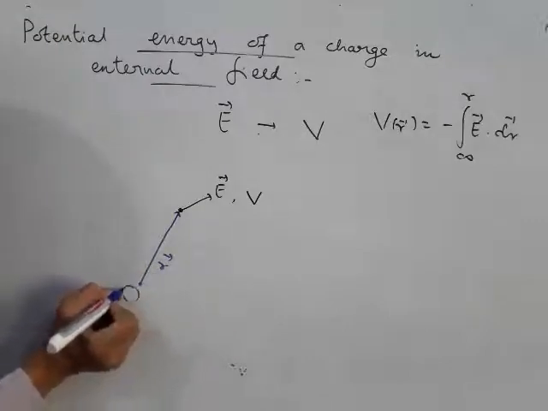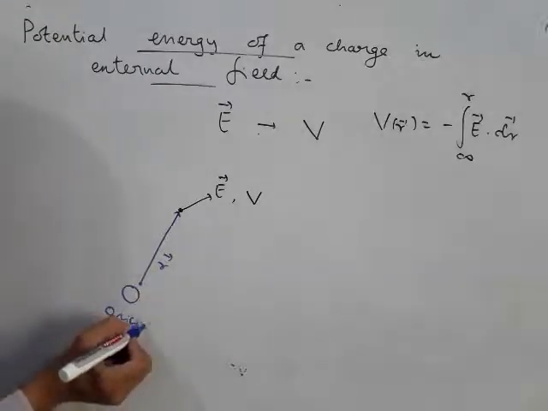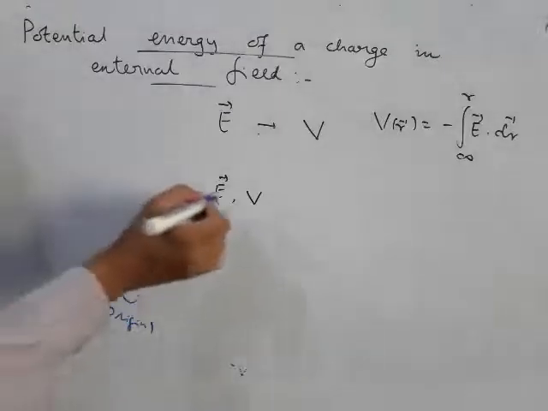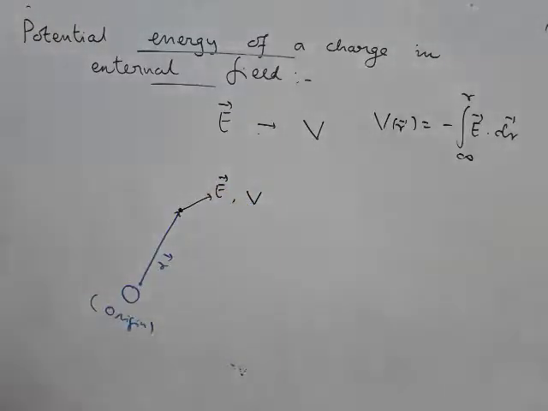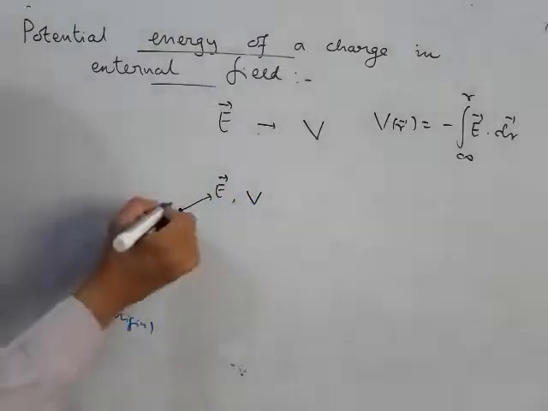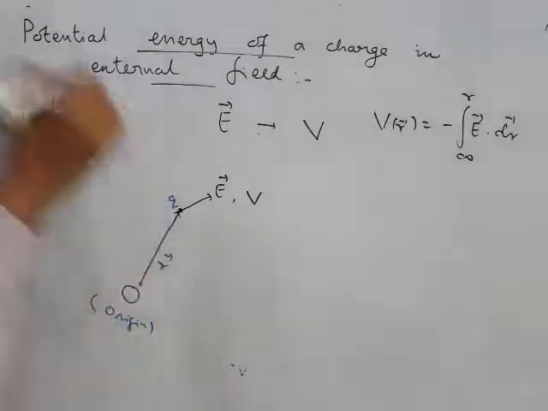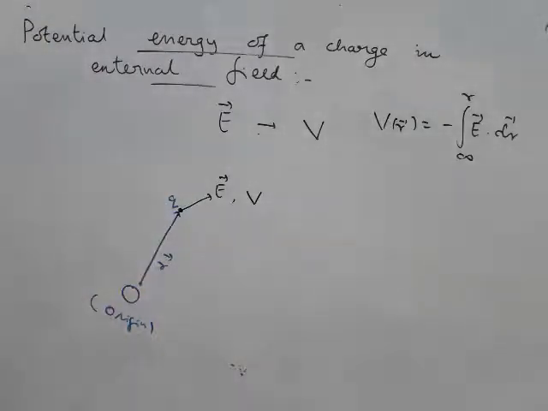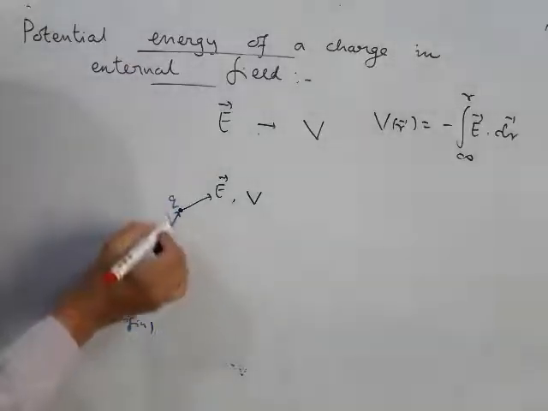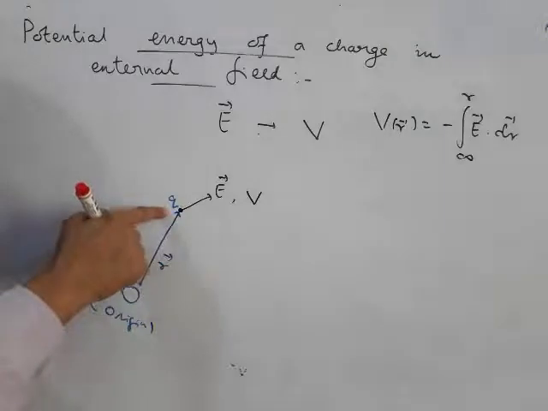This is our origin. So we have chosen a point. At that point, V is the potential, E is the electric field. At that point, we put a charge Q. If we put a charge Q, then that means we are bringing that charge Q from infinity to this particular point.